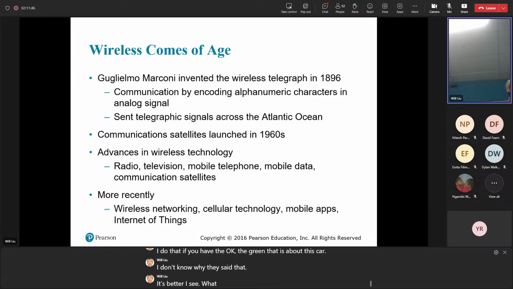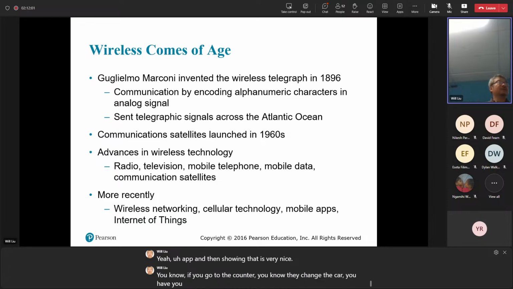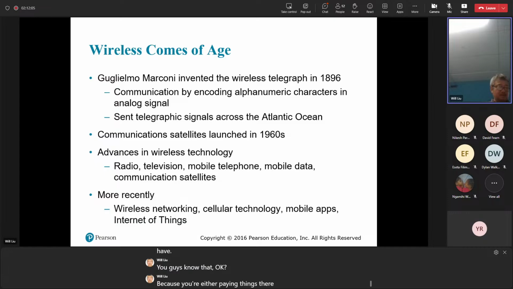I asked why, and they said go to the mobile, you don't need it, you just scan the app. I can show you guys, it's very nice. If you go to Countdown, they change the card. Have you guys known that? Usually if you go to Pak'nSave, they have a card. Countdown has a card too. Now I'll show you, because this is what I just installed today.